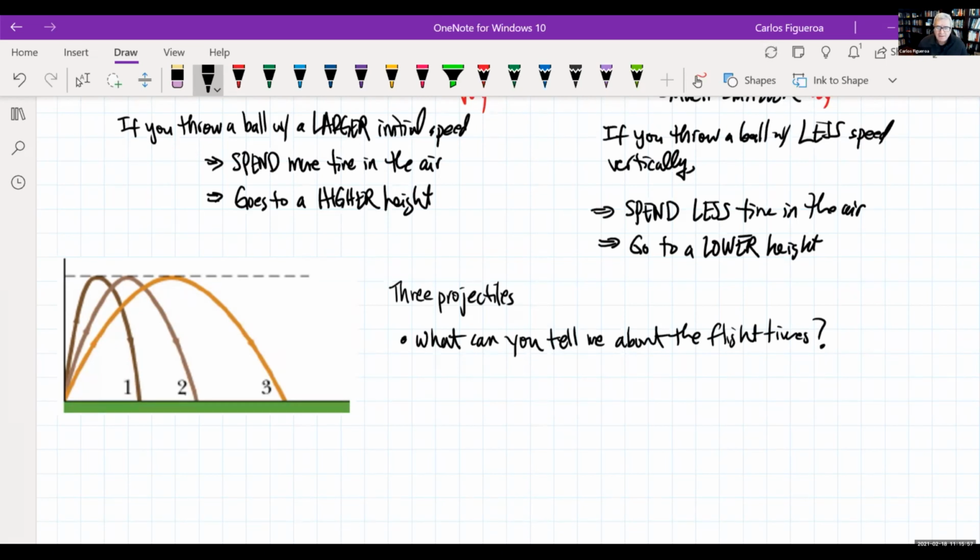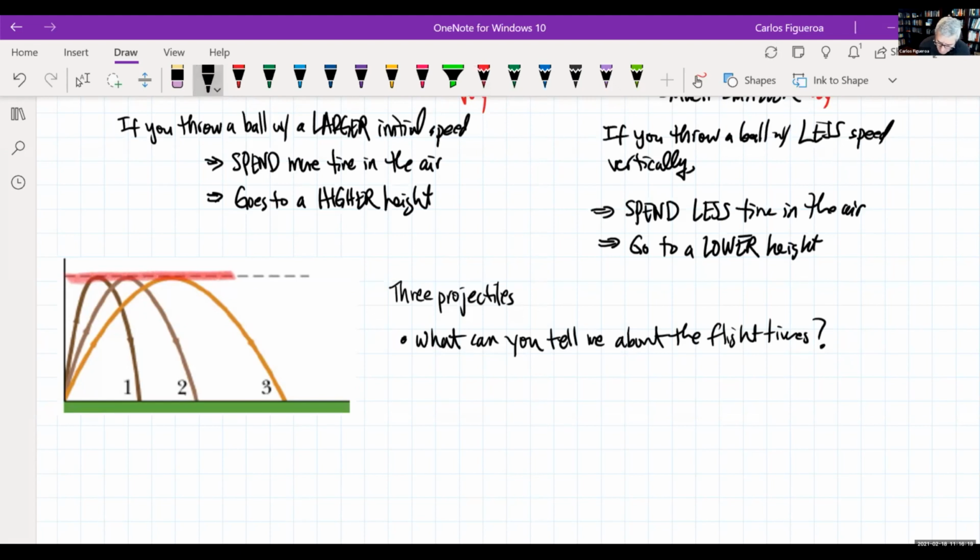Or how would you rank them? And the one thing that you want to pay attention to is this. Look at this line. What did all of these projectiles do? They got to the same height.